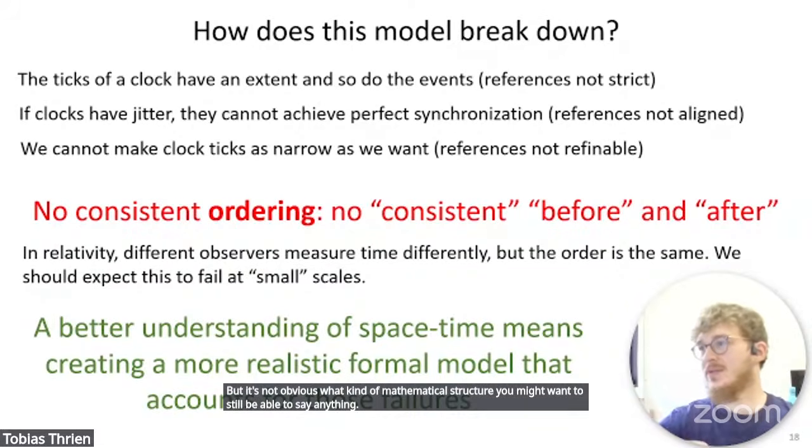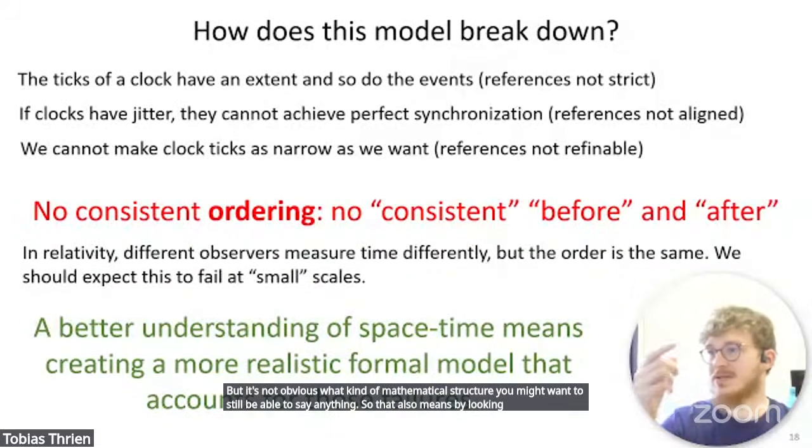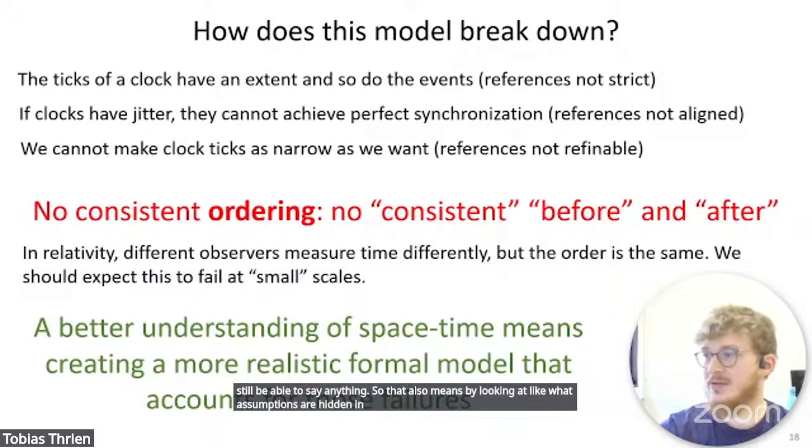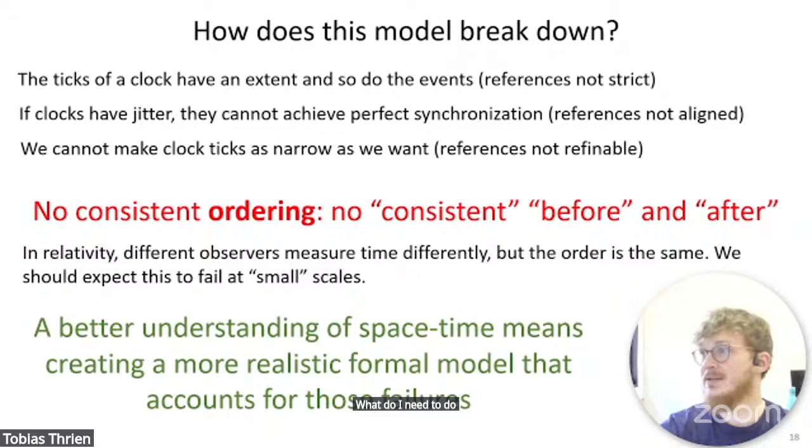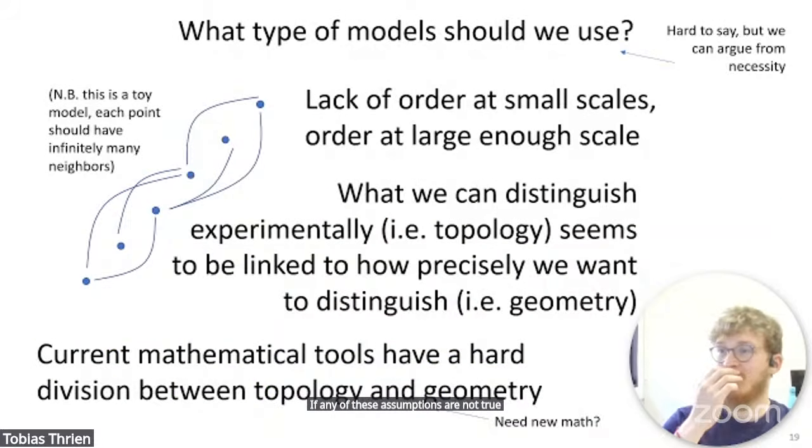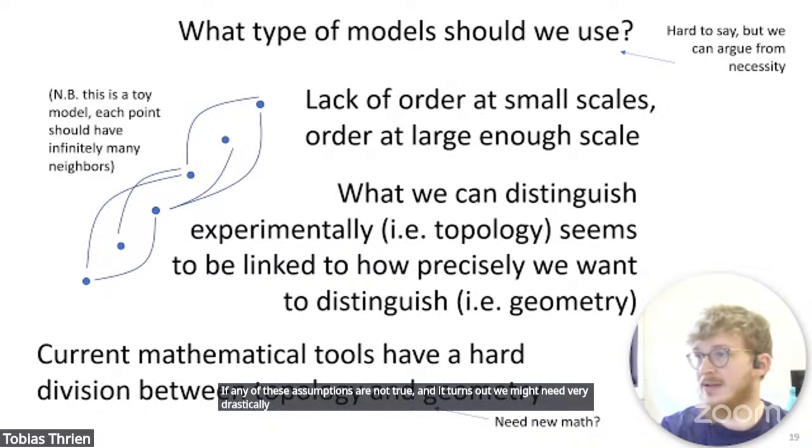So that also means by looking at what assumptions are hidden in the real numbers, you find out what I need to do if any of these assumptions are not true. And it turns out we might need very drastically different mathematical models.